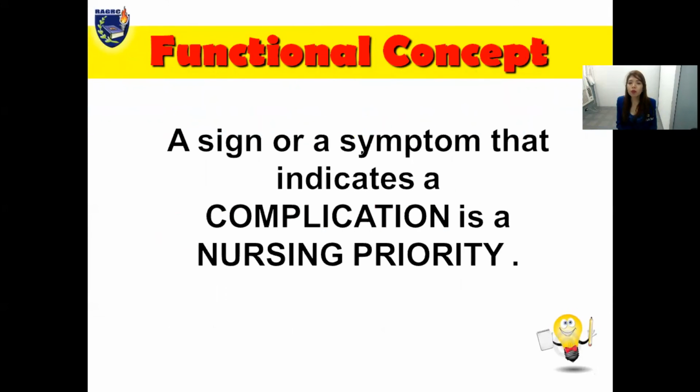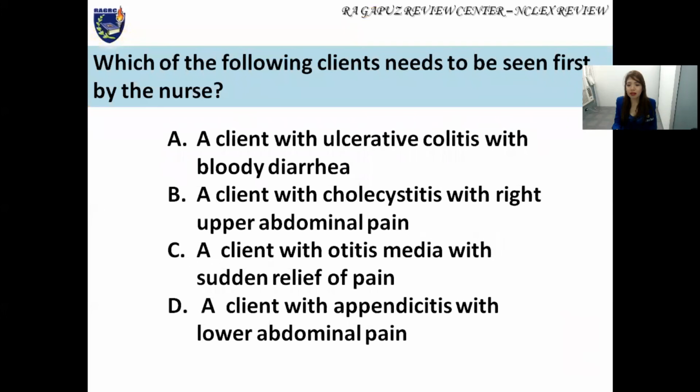So again, a sign or symptom that indicates a complication is a nursing priority. So we have to apply that. Which of the following clients needs to be seen first by the nurse? Letter A, client with ulcerative colitis with bloody diarrhea. Letter B, client with cholecystitis with right upper abdominal pain. Letter C, client with otitis media with sudden relief of pain.